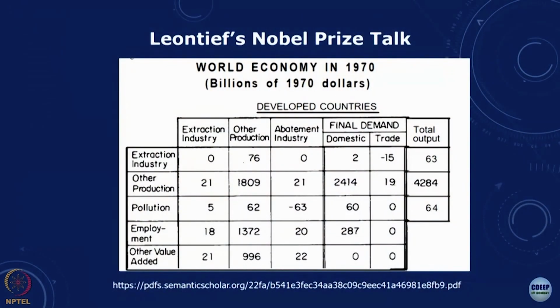Leontiev's other paper, which was part of the Nobel Economics Prize talk given in 1973, estimated and built up an input-output framework for the world as a whole. He divided the world into developed and developing countries, and aggregated it in terms of extraction industry, other production, pollution, and then employment and value add, and looked at the transactions in billions of dollars from each of these sectors.